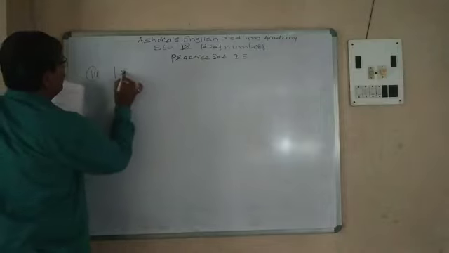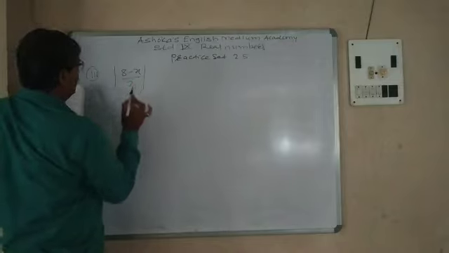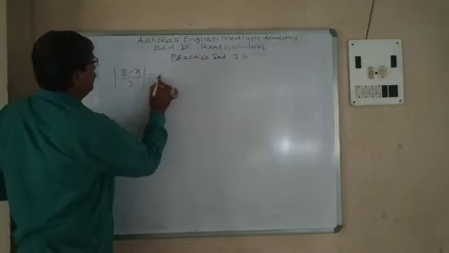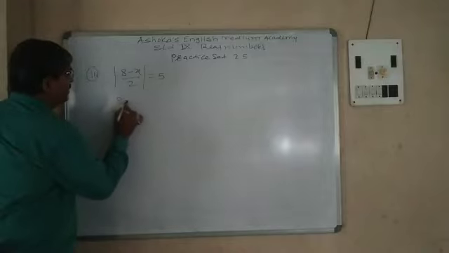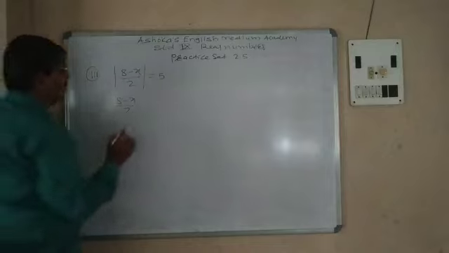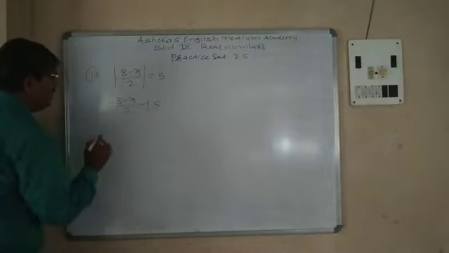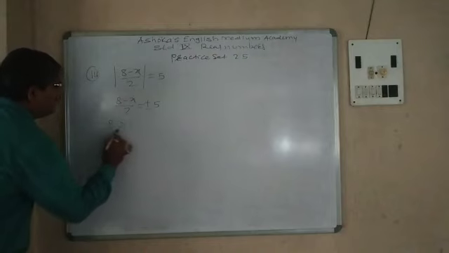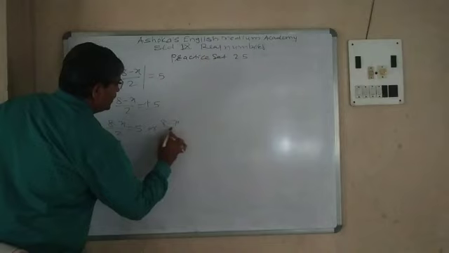Third question, in mod sign 8 minus x upon 2 is equal to 5. What should we do? Take the absolute value out of 8 minus x upon 2, and it is equal to plus minus 5. Then 8 minus x upon 2 is equal to positive 5, or 8 minus x upon 2 is equal to negative 5.